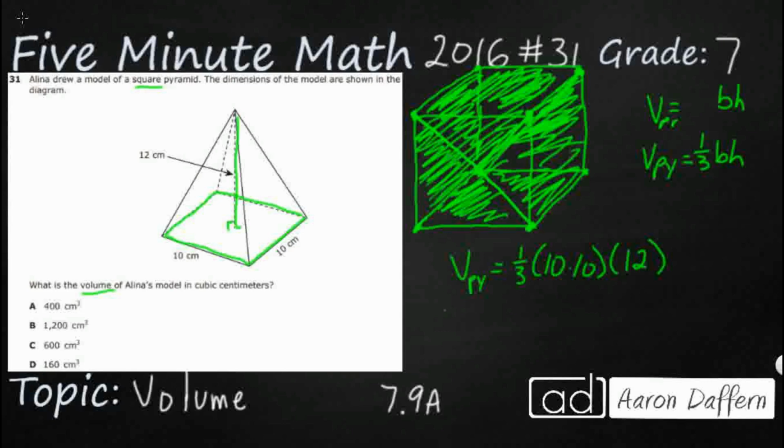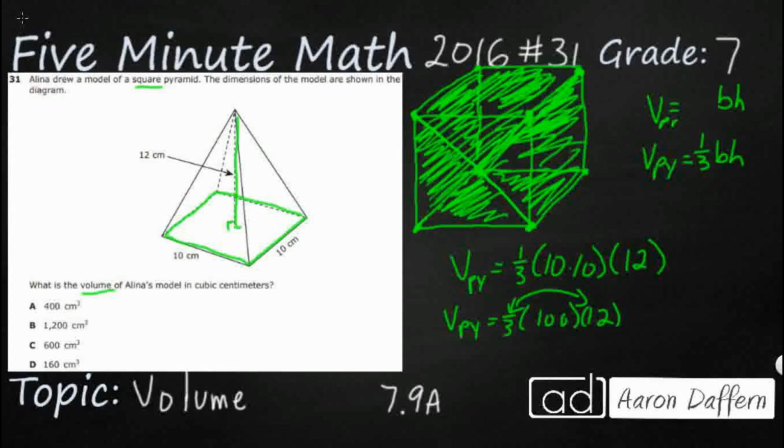So let's go ahead and do it. 1/3, 10 times 10 is 100. You know what, before I multiply real big, I want to go ahead and use the commutative property. I want to go ahead and flip the 12 and the 100 because I want to multiply these two first.